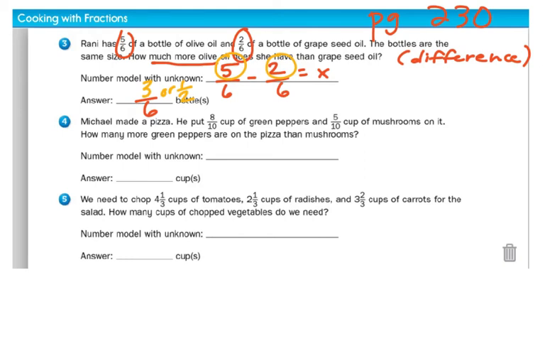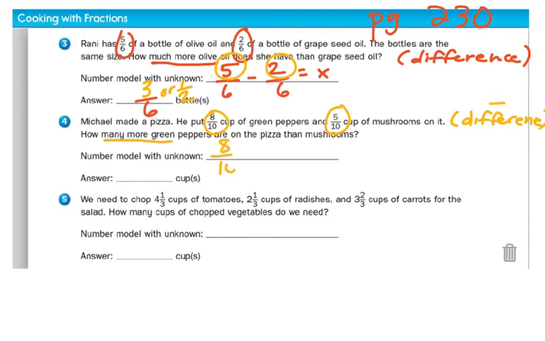Number 4. Michael made a pizza. He put 8/10 cup of green peppers, 5/10 cups of mushrooms on it. How many more green peppers are on the pizza than mushrooms? Figuring out difference again. When we're figuring out the difference between two things, we subtract.